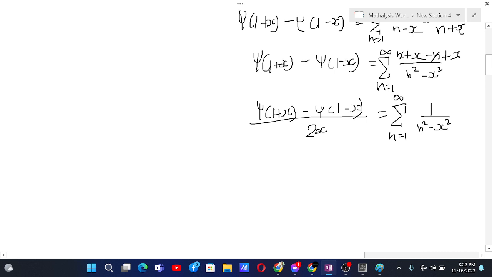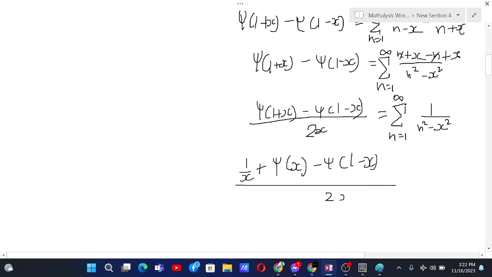First of all, let us write this as digamma of x plus 1 will be 1 by x plus digamma of x, which I had shared earlier, and then minus digamma of 1 minus x, all by 2x, equals the sum from n equals 1 to infinity of 1 by n square minus x square.